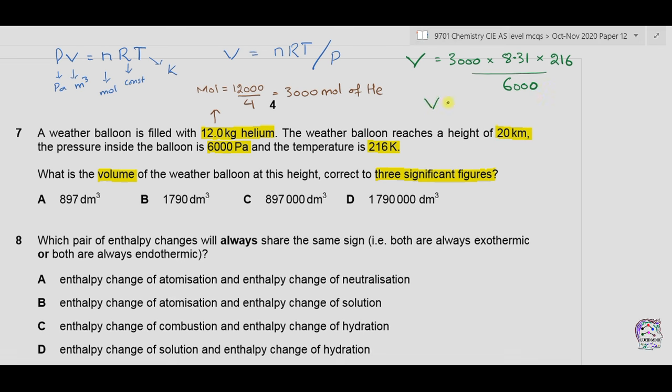So volume is equal to 897.48 meter cube. Now converting this value into decimeter cube, we multiply by 1000, so it equals 897,480 decimeter cube. As the first 3 digits are significant, the answer is C.